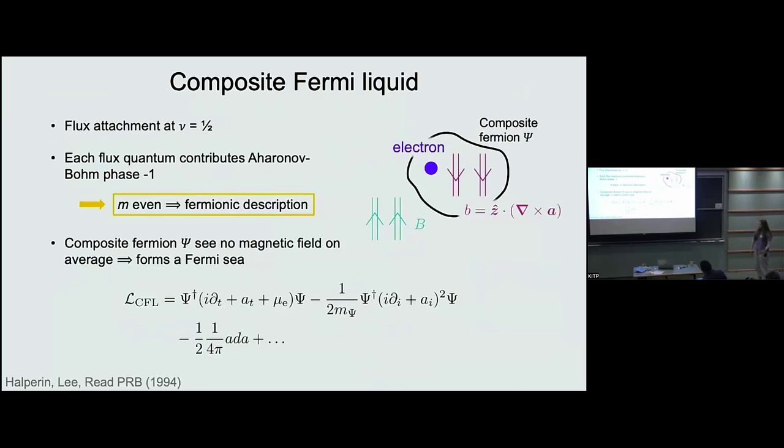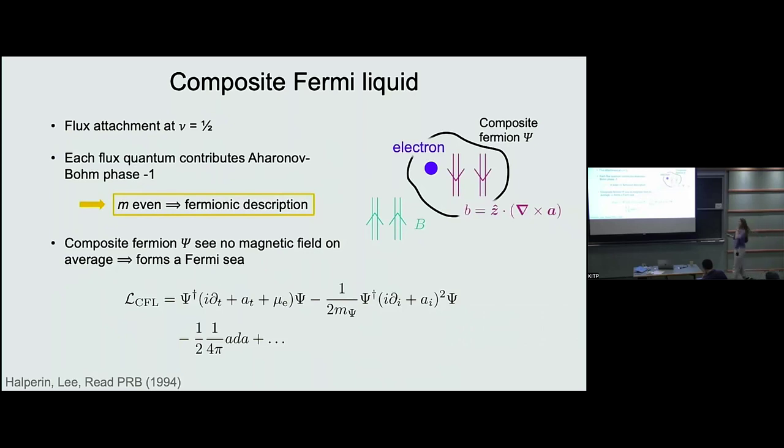So to start with, let's talk about how we describe the composite Fermi liquid. Again, flux attachment is the way to go. Now we're at nu equals 1/2, so instead of adding an odd number of fluxes to our electrons, we're going to add an even number. And again, that means that because each of these fluxes has an Aharonov-Bohm phase of -1, this object here in black is no longer a composite boson, but a composite fermion.